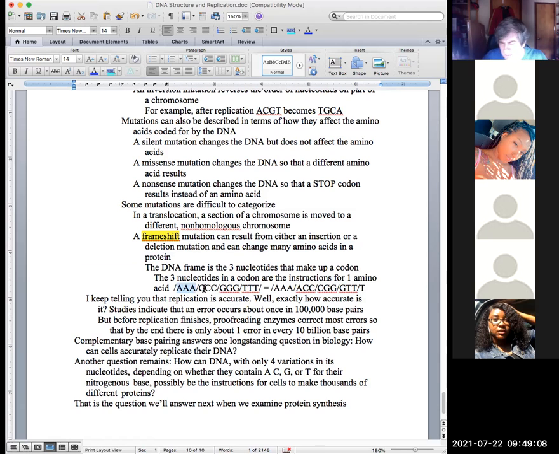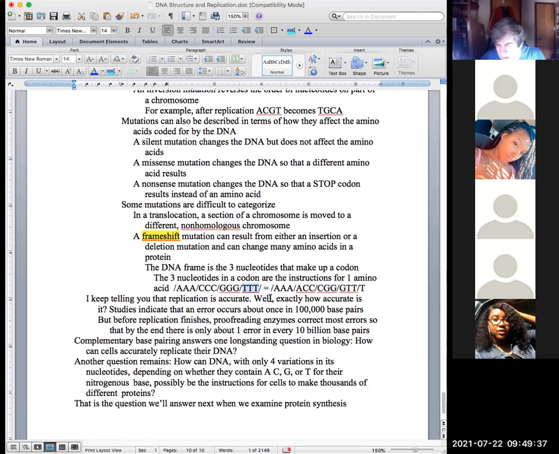So if we had some DNA and it was AAA, and then CCC, and then GGG, and then TTT, the ribosome is going to read AAA and put the amino acid that's the instructions for. And then the ribosome is going to find the amino acid that CCC is the instructions for. And then the amino acid that GGG is the instructions for. And finally, the amino acid that TTT is the instructions for.